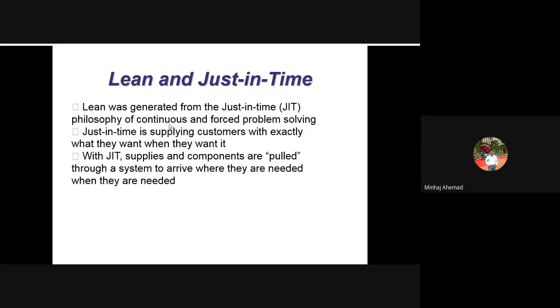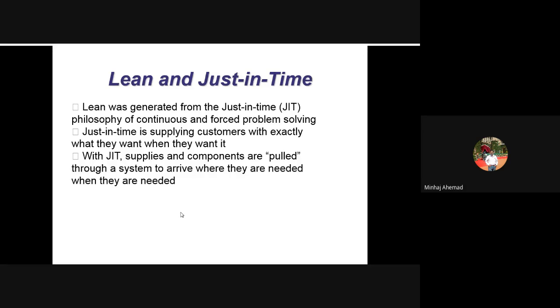The just-in-time philosophy is supplying the customer with exactly what they want and when they want it. So just-in-time supplies and components are pulled through a system. This is a pull type of manufacturing, to arrive where they are needed and when they are needed.